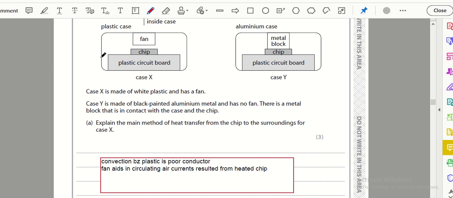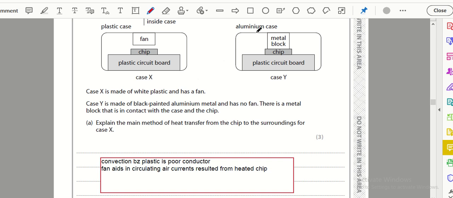And as the case is white, white is a good reflector, so it cannot absorb heat inside the case.